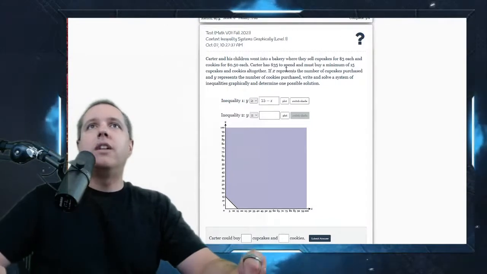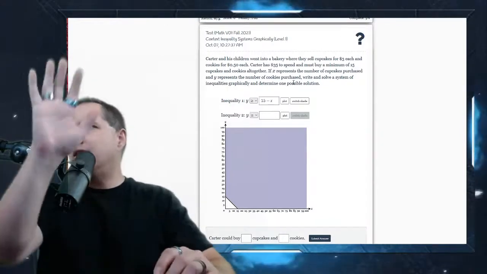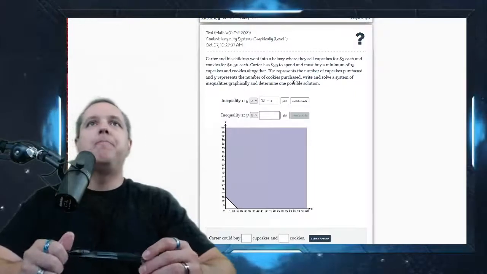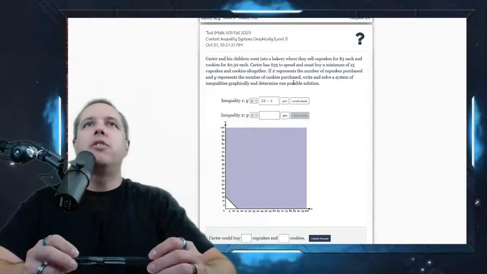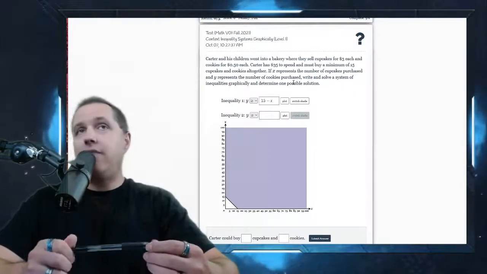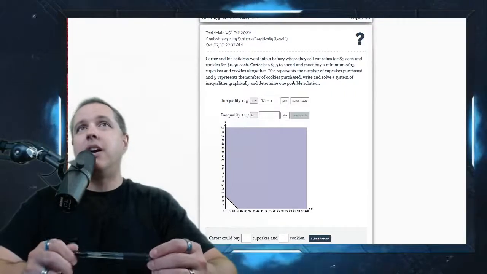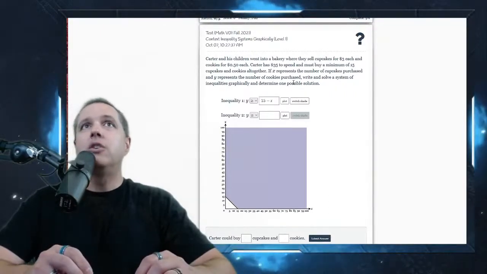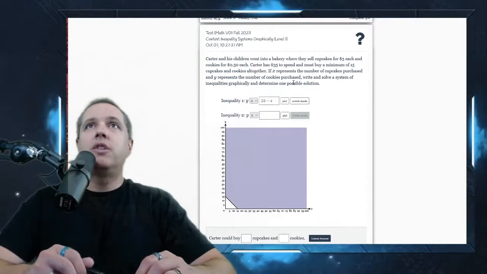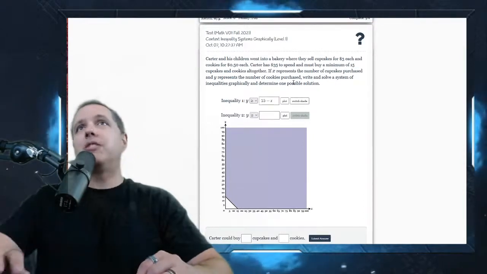Okay. All right, now let's go back. I'll change the size so we can see as we're doing this. But okay, what's the other thing? Oh, we haven't taken into account the price restraint. So 50 cents for cookies, $3 for cupcakes, has to be less than $35.